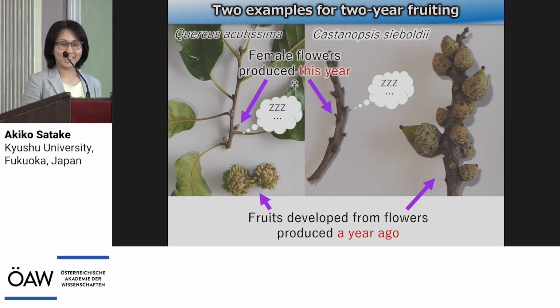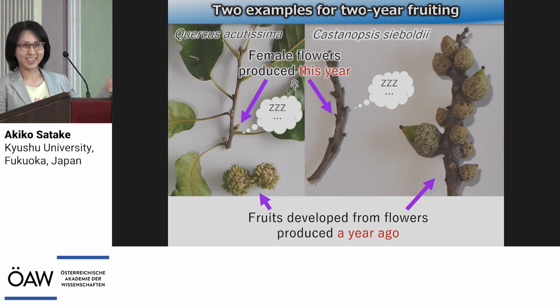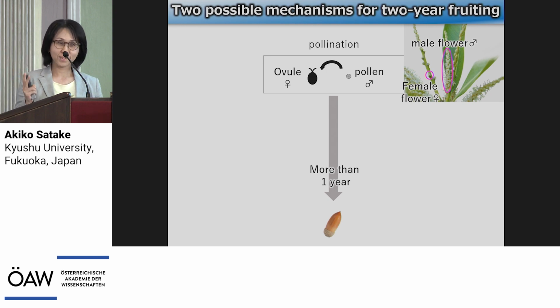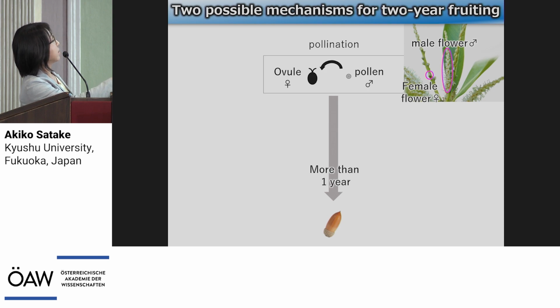I'm very interested in why they do this, why they wait so long to produce acorns. That is very interesting. I think there are two possible mechanisms. This is a male flower of Lithocarpus edulis, and this is a female flower. The male flower produces pollen, so pollination happens right after flowering.